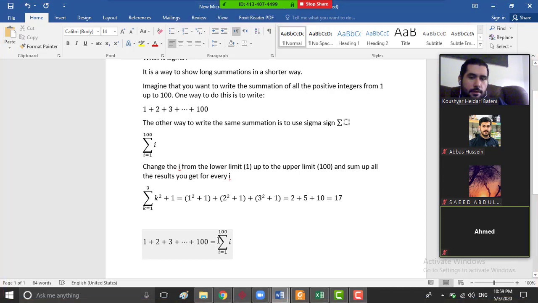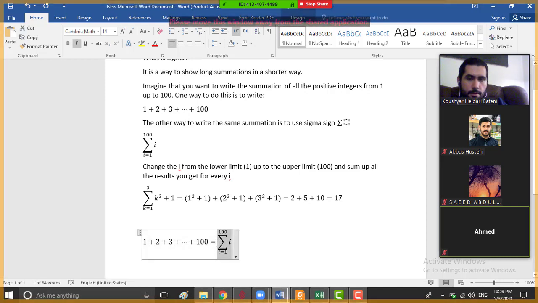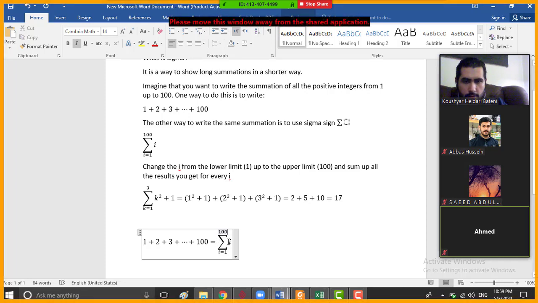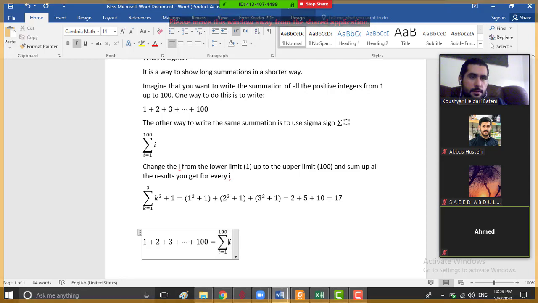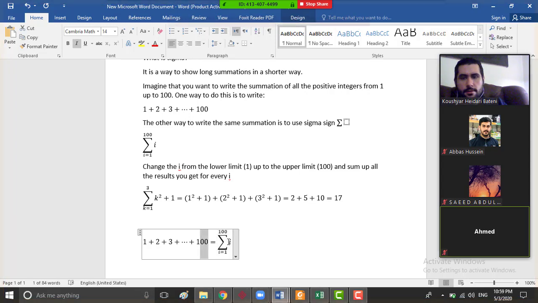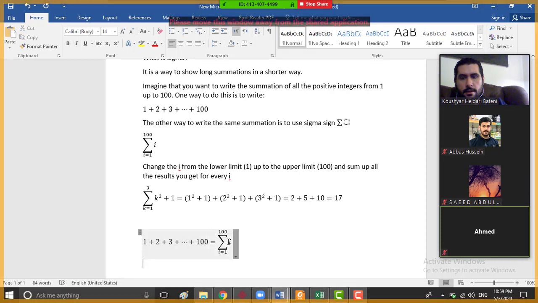If you want to write this sigma in the long form, for i equal to 1, you write i, which is 1. For i equal to 2, again you write i, which is 2. And you go on like that till 100, right? So the two sides of this equation tell you the same thing.